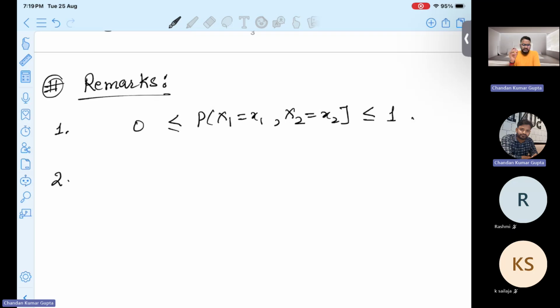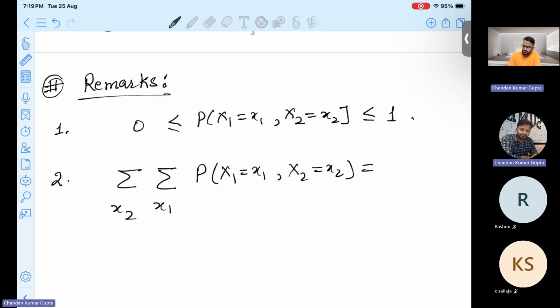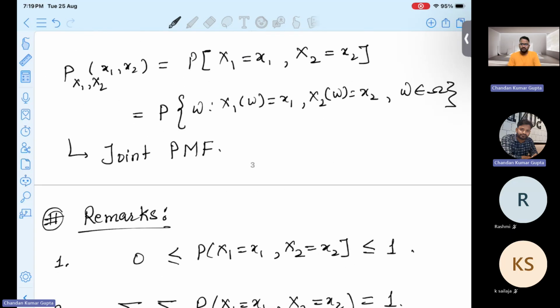Also, if it is a valid probability, then its integral or summation, depending on the nature of the variable, must equal 1. So if we take the summation over the random variables x1 and x2 of this probability function, it must give 1. So these two properties must be satisfied by this joint PMF, then it is a valid PMF.